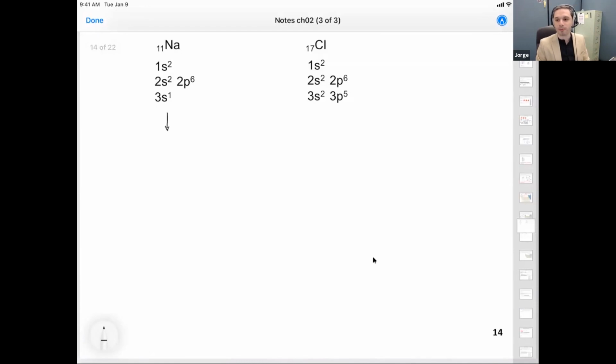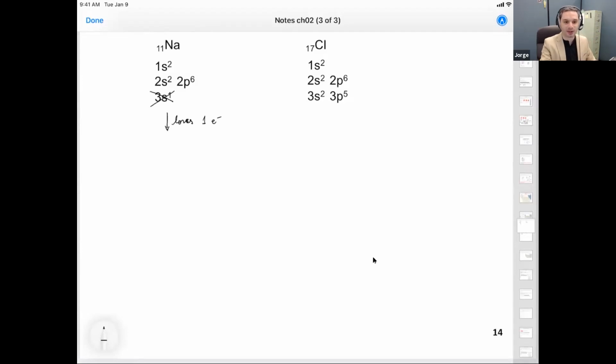So sodium by itself is not stable because it does not have 8 electrons in the valence shell. Therefore, it will either lose electrons or gain electrons to achieve stability. 1 electron in the valence shell is easier to lose, so the element loses 1 electron.